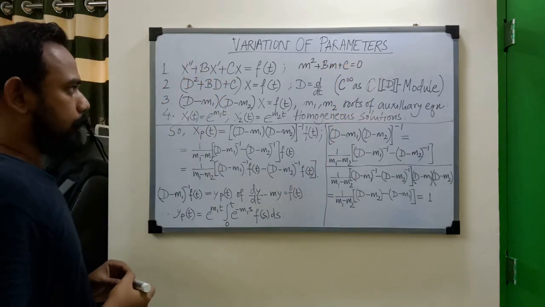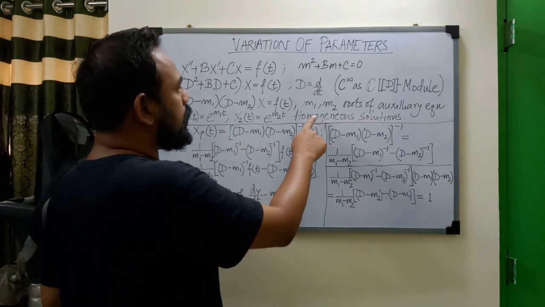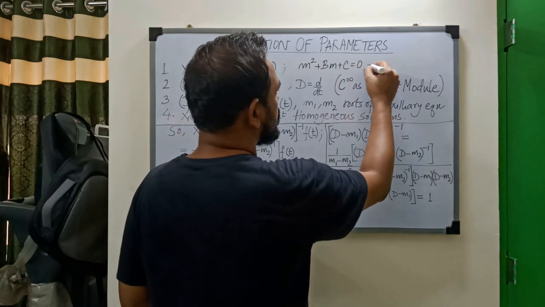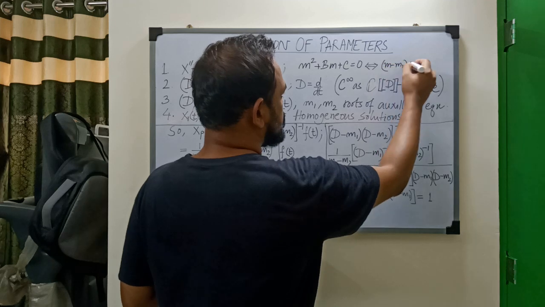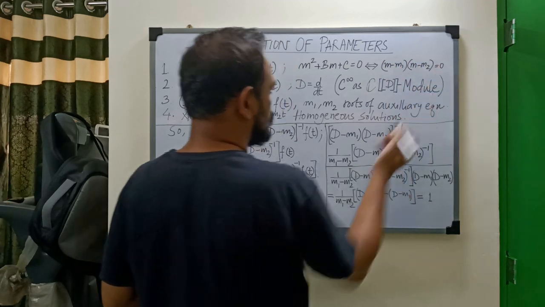That's the auxiliary equation for the homogeneous part of this differential equation. And of course, if m1 and m2 are the two roots of the auxiliary equation, the left hand side can be written as (m minus m1) times (m minus m2), and the right hand side is 0.